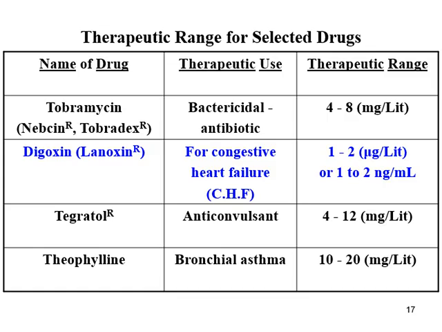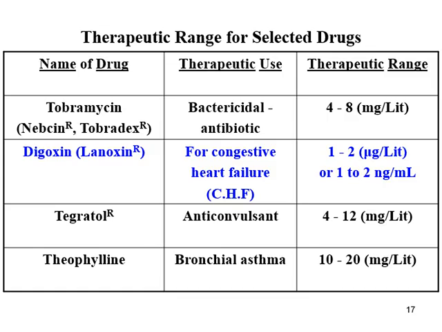Lanoxin, the second one, we mentioned that before. Lanoxin is used for congestive heart failure, CHF. The therapeutic range of lanoxin is 1 to 2 microgram per liter, or if we convert to nanogram per milliliter, still 1 to 2.